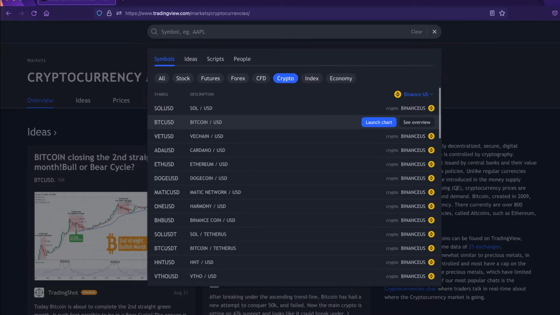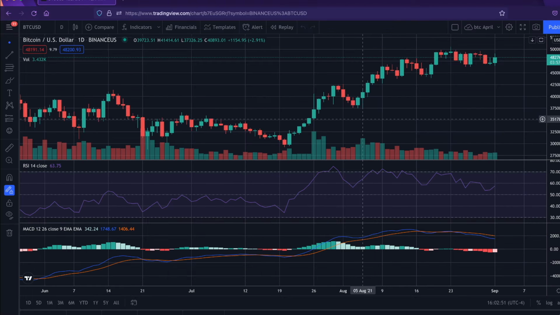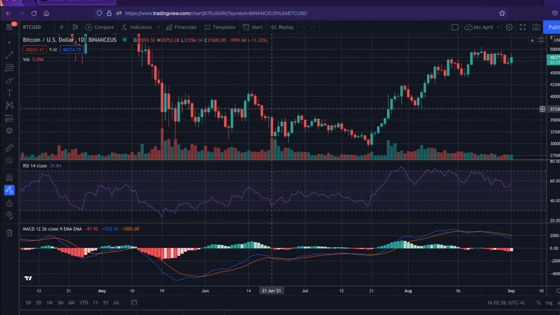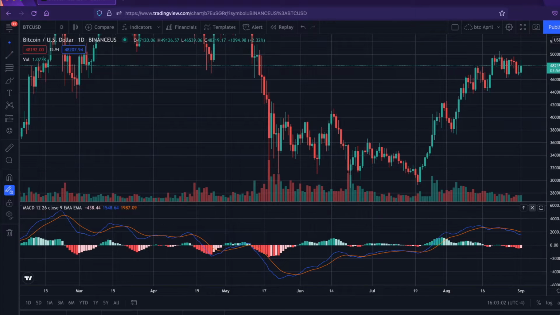I'll click on that, then go to Bitcoin USD, and go over here to launch chart. So here you'll see the Bitcoin price action, the Bitcoin market with the chart, and I have some indicators here. I'll delete those and show you guys how to get to those.